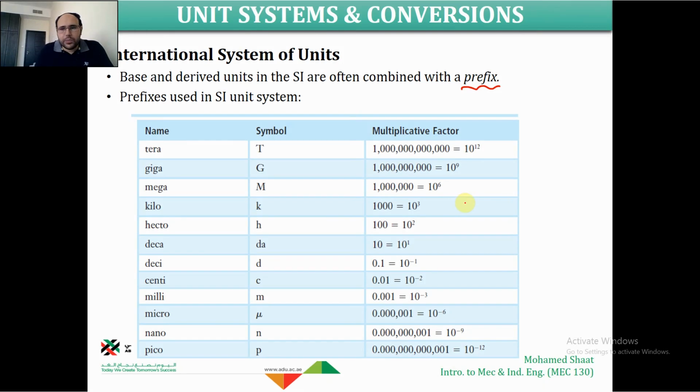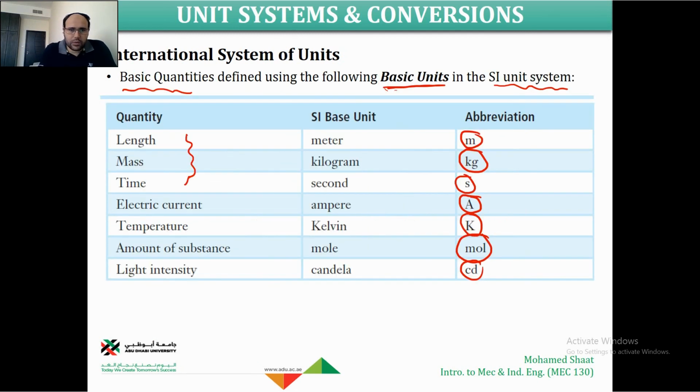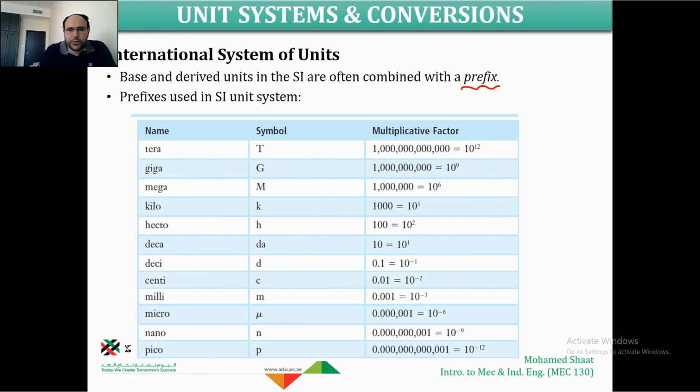Now let us consider the prefix. What is a prefix that could be added to any unit? We said that any physical quantity should be described by a number and a unit. So this unit could be one of these basic units, or it could be the unit itself incorporated with some of the prefixes. So all of these are different prefixes that are mainly used in the SI or the International Unit System.